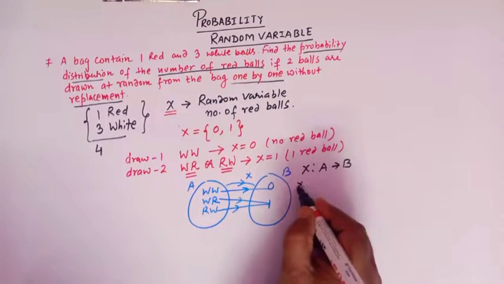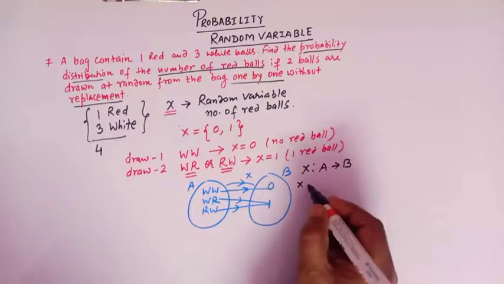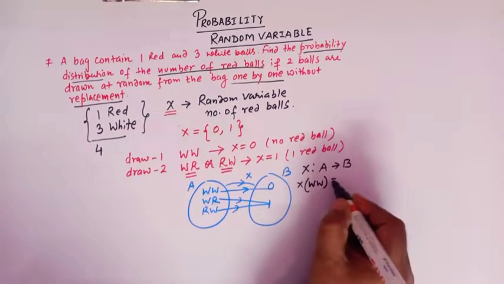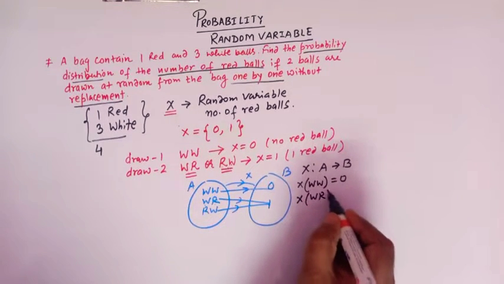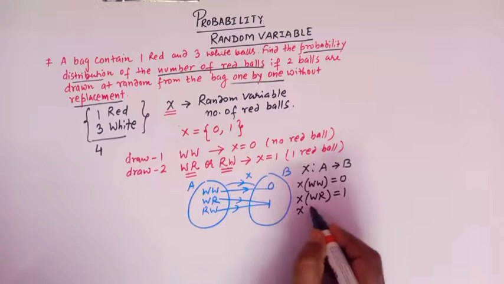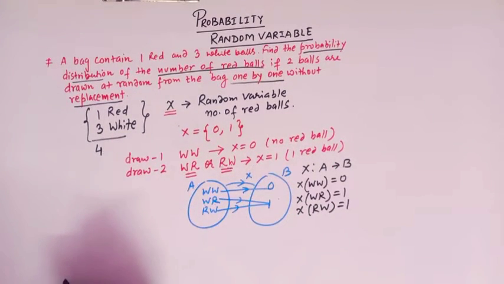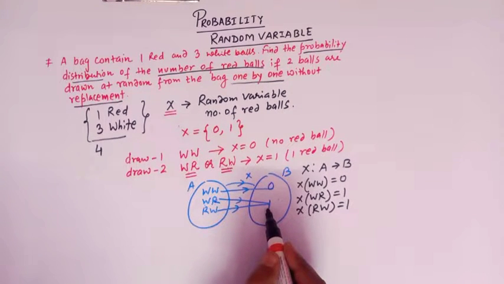And if we wish to write it as a function, then we can write x of WW is equal to 0, x of WR is 1, and x of RW is also 1, right? So the image of both these events is equal to 1, right?